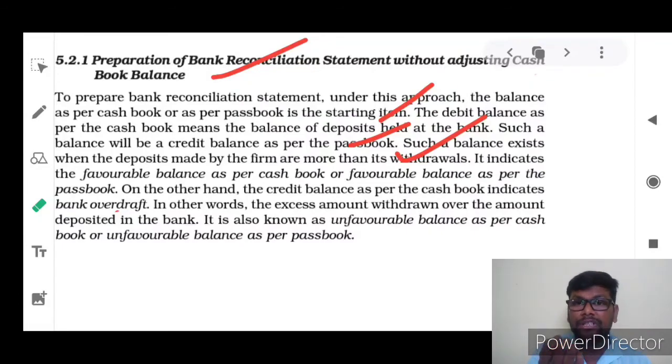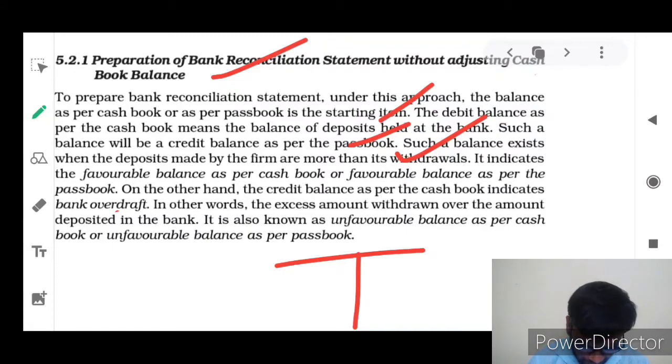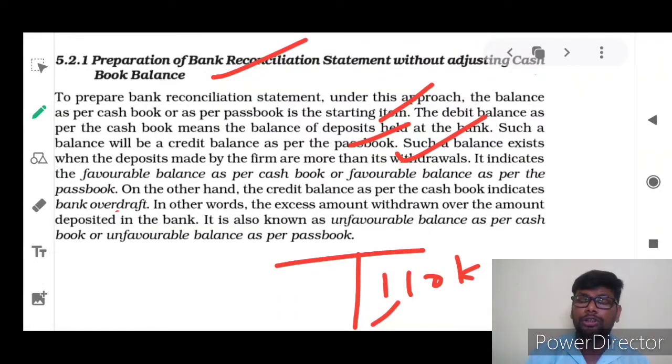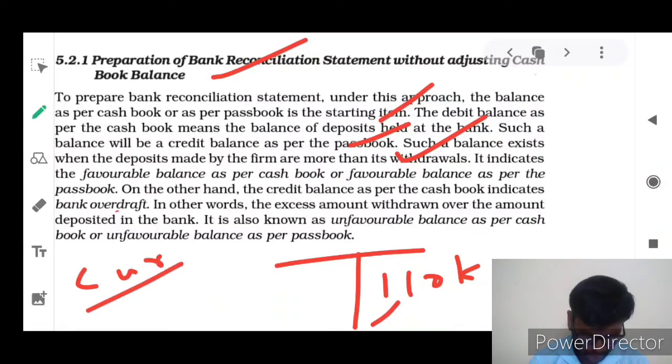Okay. So if withdrawals are more than the deposits, if you are withdrawing more and more, say the available balance in your bank account is 1 lakh 10,000 rupees, but you need 1 lakh 20,000 rupees. But you are maintaining a current account for your business purpose.